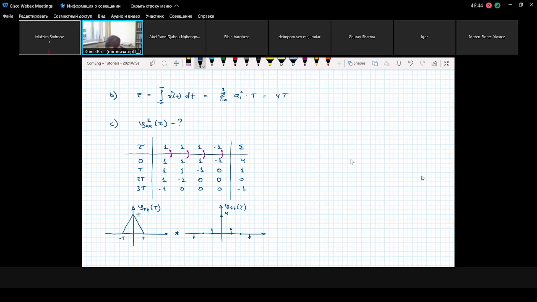Magnitude minus 1. T, 2T, minus T, minus 2T, and then minus 3T, and so on. This is delay. And if we calculate this convolution, I will increase the size because otherwise it's too shallow.